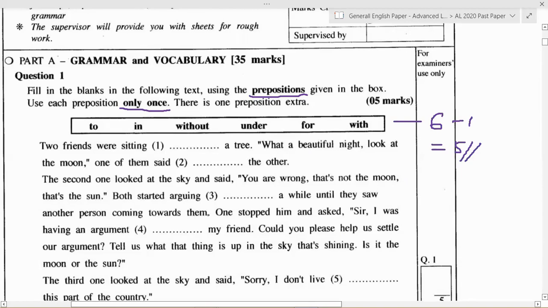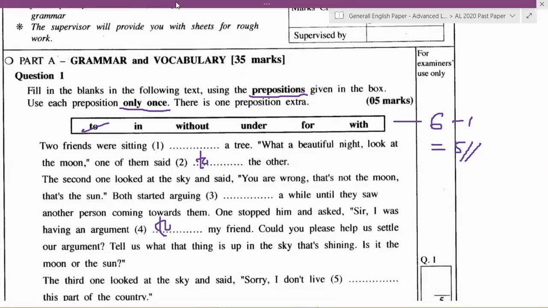So there should be 5 blanks to which each of these goes in, and you are allowed to use each preposition once only. So for example, if you use one here somewhere, you need to cross that out. You can't use it here as well. So that's the basic explanation to that.